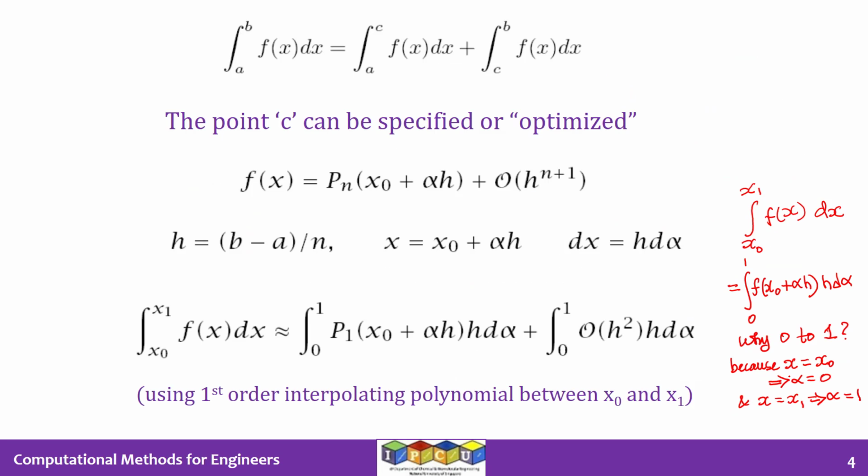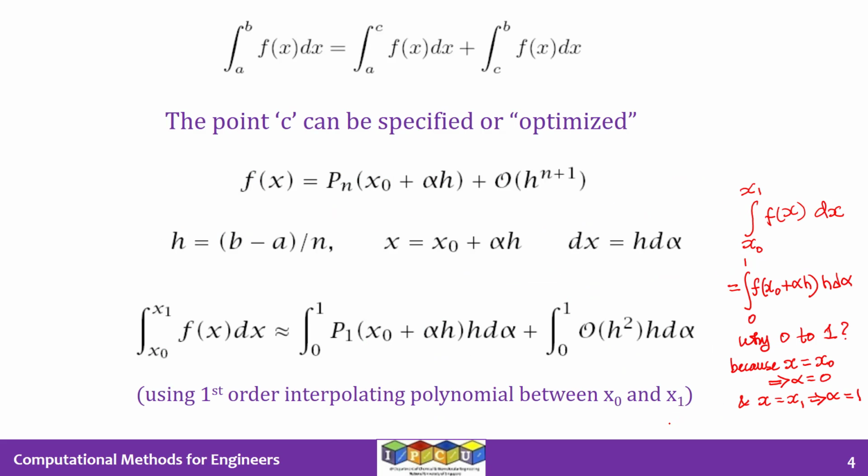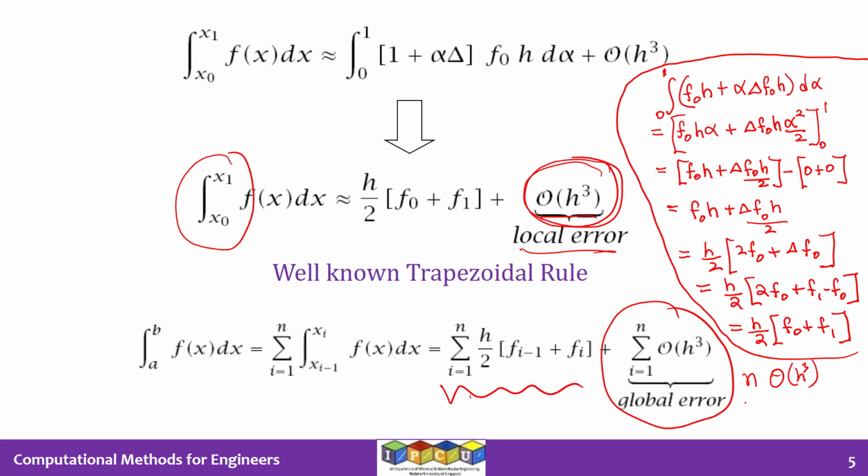Now what is n? n is nothing but b minus a by h. So I can replace n by (b minus a) by h times something of the order of h cube. So you have b minus a divided by h multiplying something of the order of h cube.